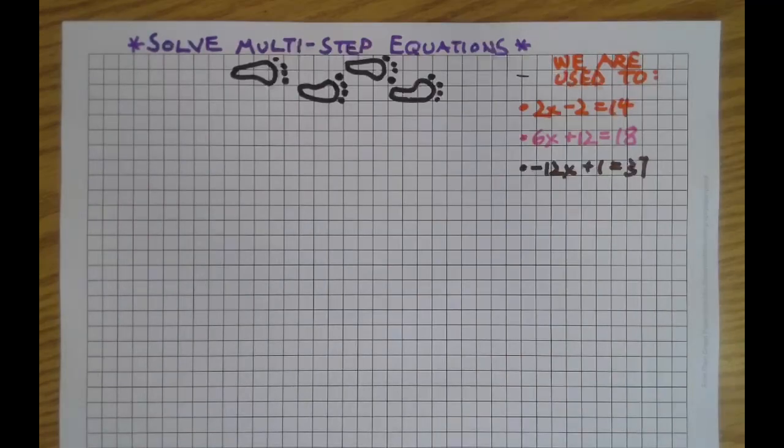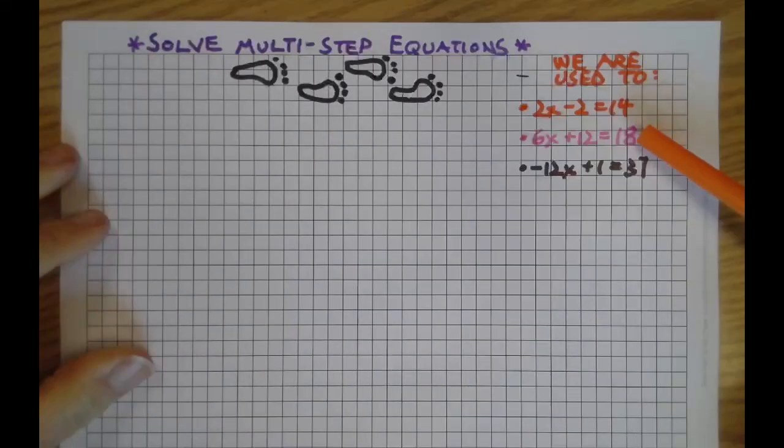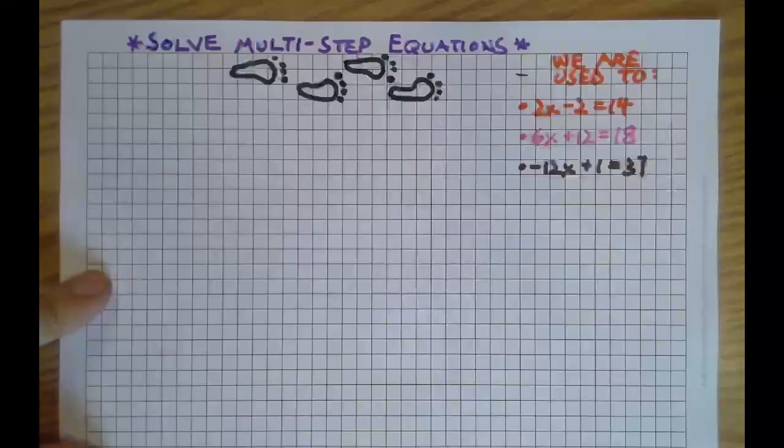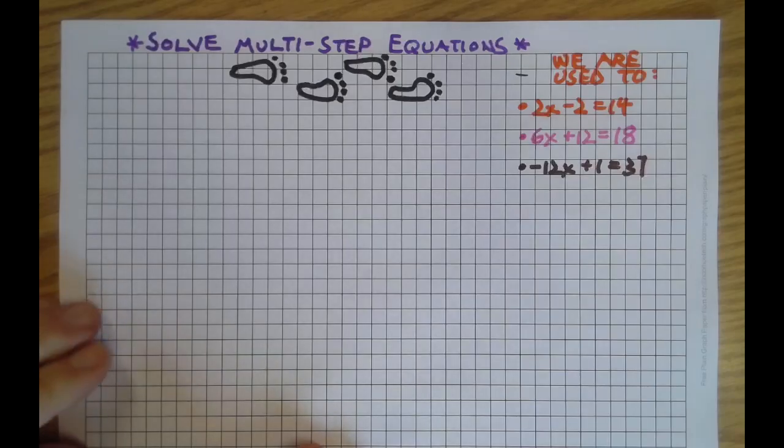And you would never believe this, but as a teacher, things keep coming up in class that I don't have a video for, and here's one of them. We've gotten used to, at this point, these two-step equations where we're using inverse operations to solve simple one- or two-step equations.